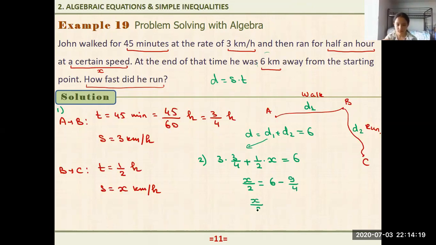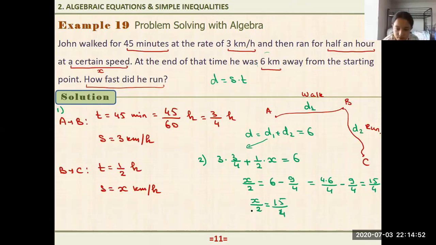X over 2 equals 4 times 6 over 4 minus 9 over 4, because we need to bring into the common denominator. That's 24 minus 9, which is equal to 15 over 4.